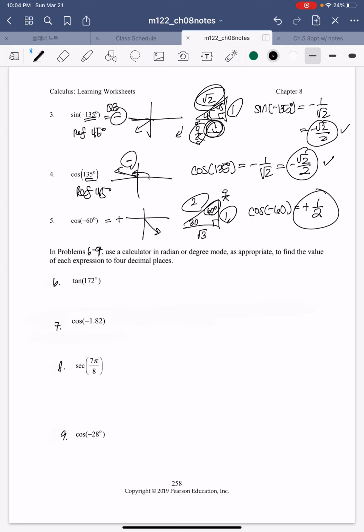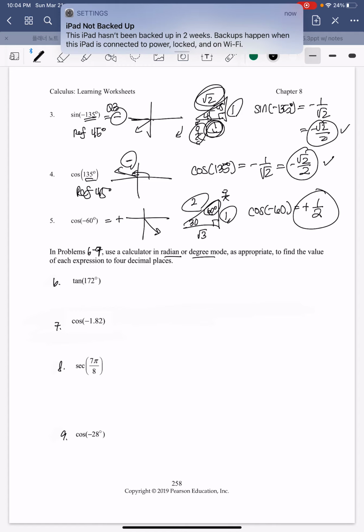Okay. 6, 7, 8, 9 is more using a calculator because these are not known angles, not reference angles. So again, we'll play with the calculator. Be careful which mode you begin with, right? So we get the correct value.